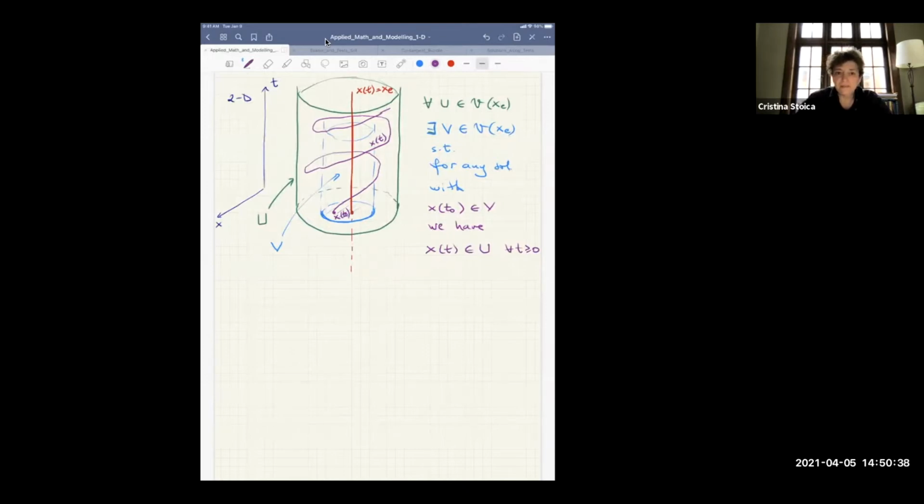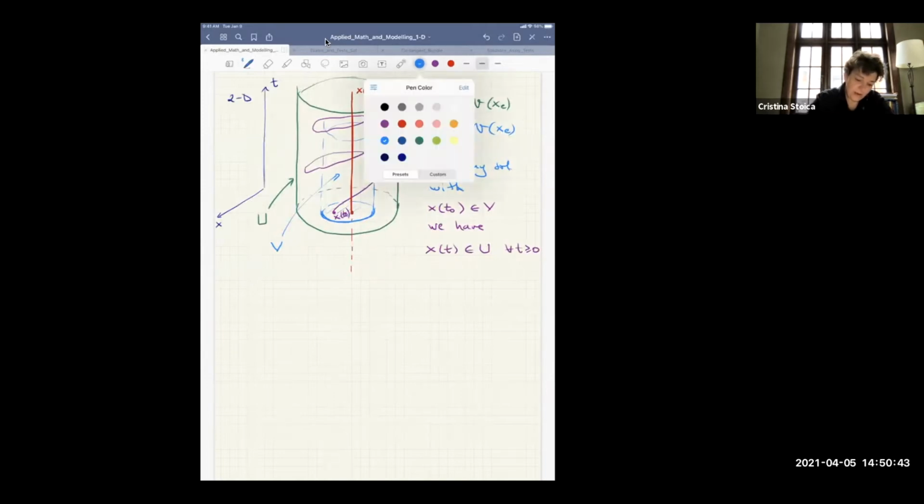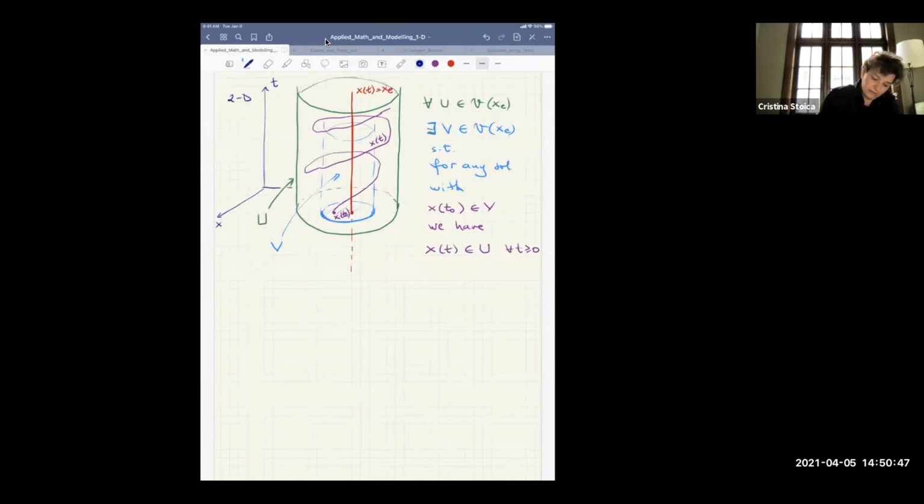That's what it means. And now I can put this other axis in, and the time goes up that way. So as the time goes up, it goes this way.